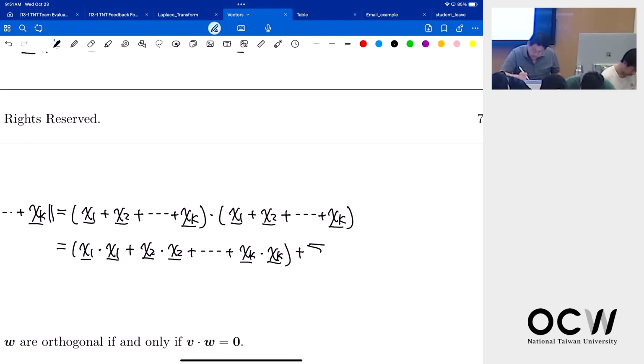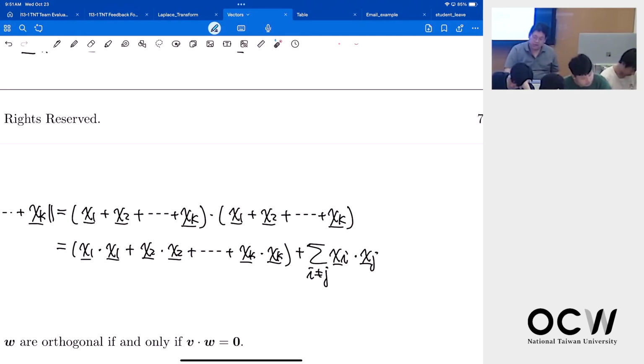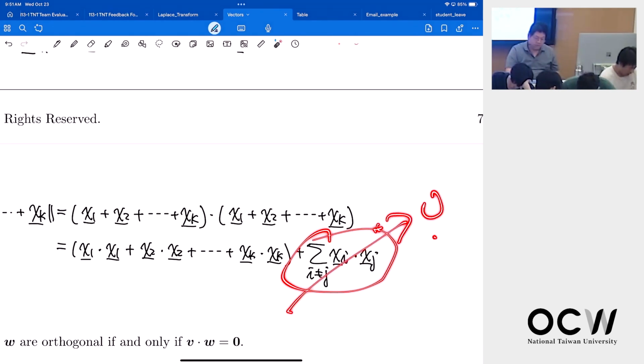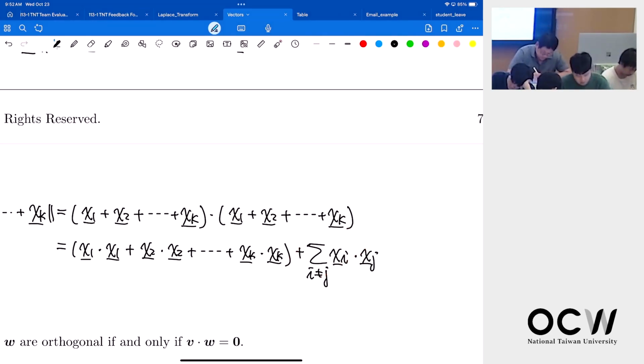The others will be xi dot product xj, but i is not equal to j. Because they are orthogonal, they are all 0. That's why this is the sum of those norm squares.